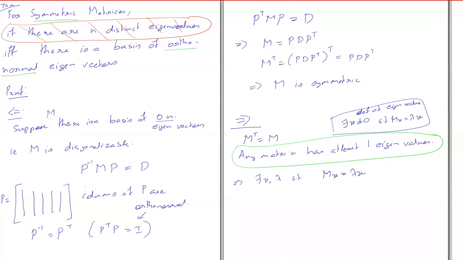Sri Harsha, is that clear? Yes, sir. But we just assumed that there exists a vector. That's the definition of eigenvalue. This equation is always true for the zero vector, no matter what lambda is. You agree? Yes, sir.